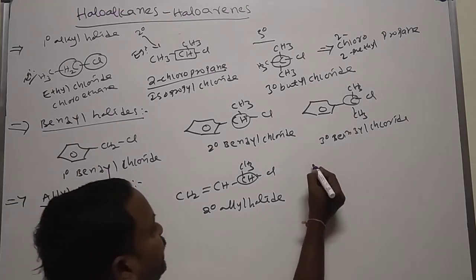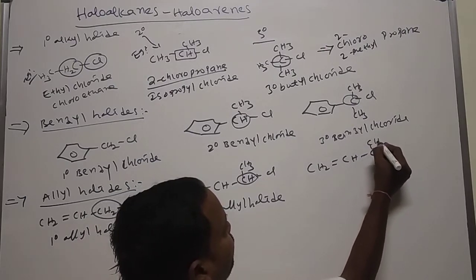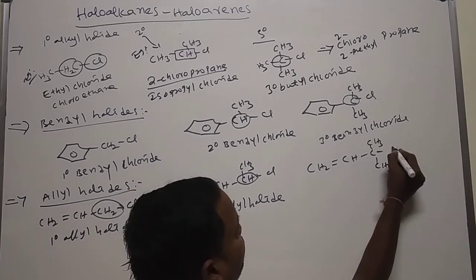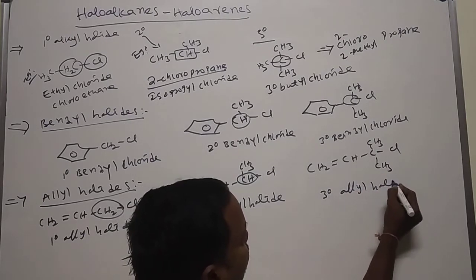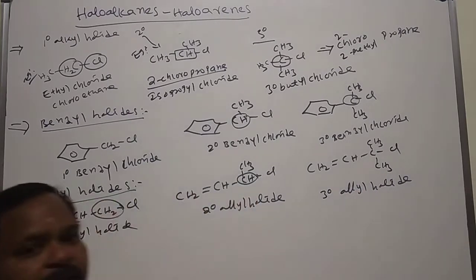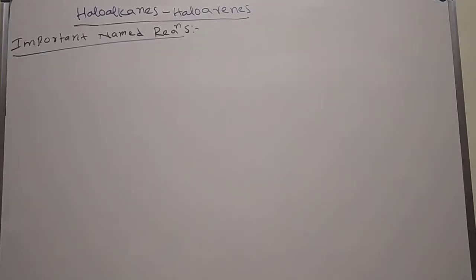Then tertiary allyl halide means CH2=CH-C(CH3)2Cl. This is tertiary allyl halide. Primary, secondary, tertiary benzyl and allyl alkyl halides.